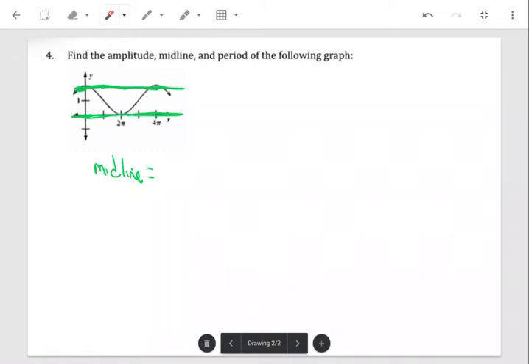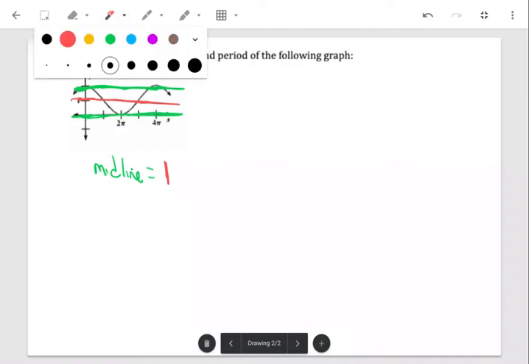What's directly between 0 and 2? 1. So the midline in this case is 1. Okay. So that's the midline. The amplitude, remember, is the distance between the midline and the high or low point.